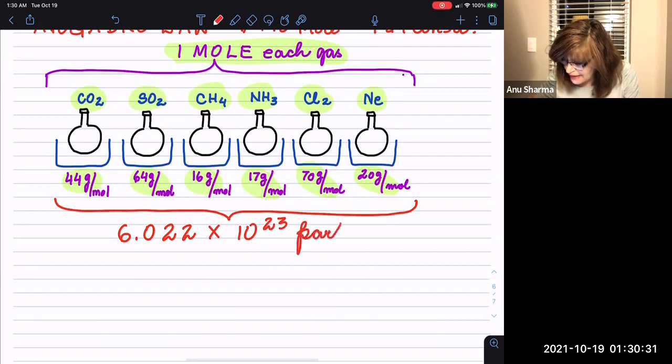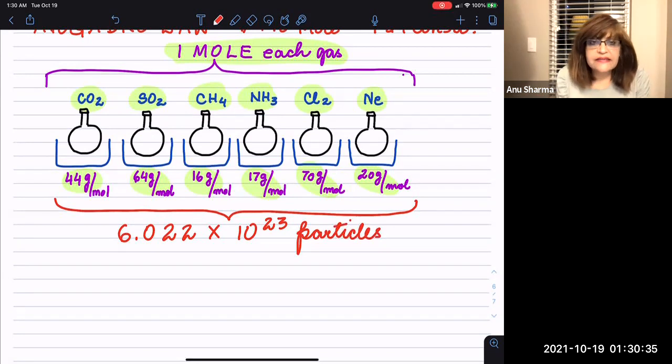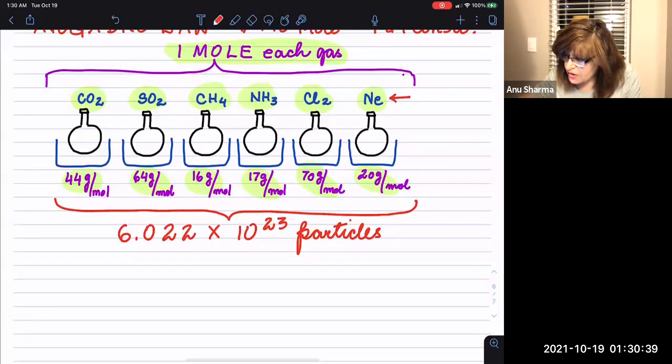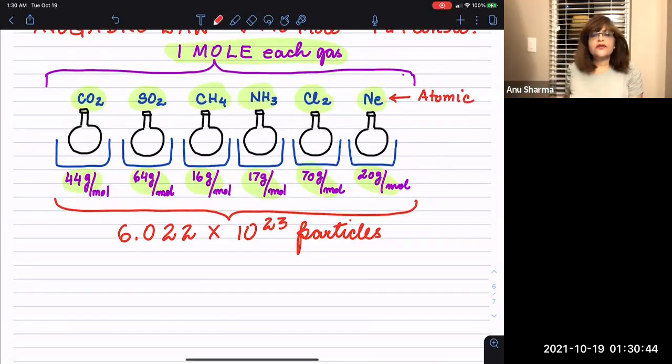So the gases that are molecular, those particles are going to be molecules. All of them are molecular gases except neon, which is an atomic gas. It's made up of just pure atoms, noble gas, right? So anyways, now comes the question, what is the volume of 1 mole of these gases?